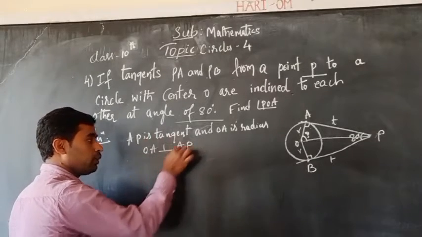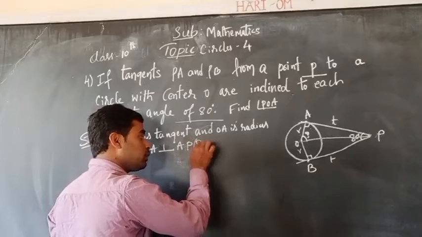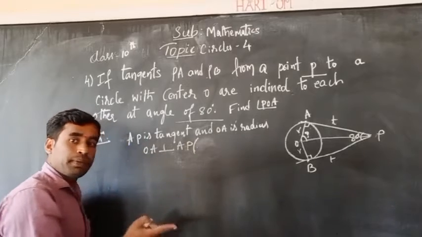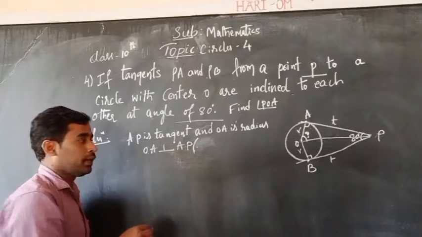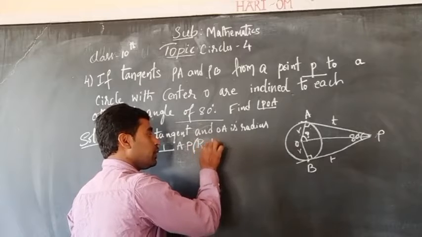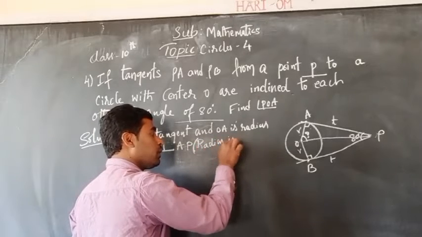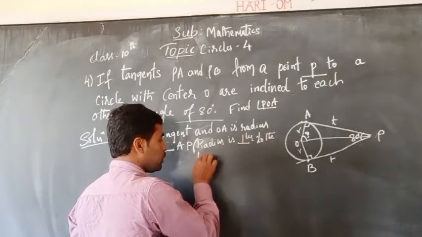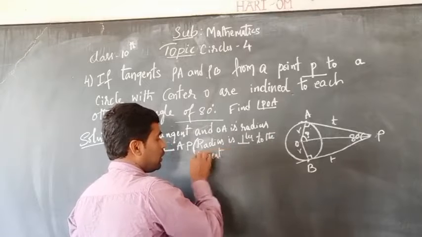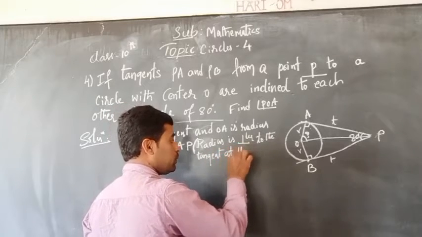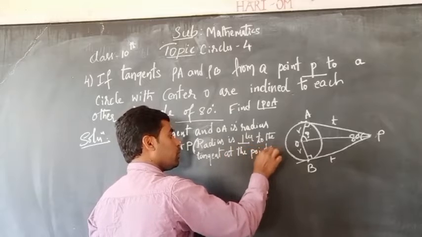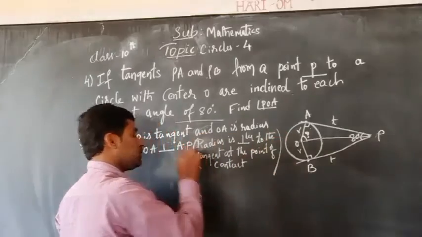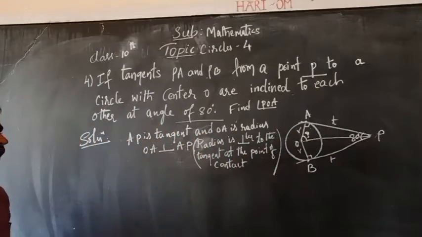The reason: radius is perpendicular to the tangent at the point of contact.